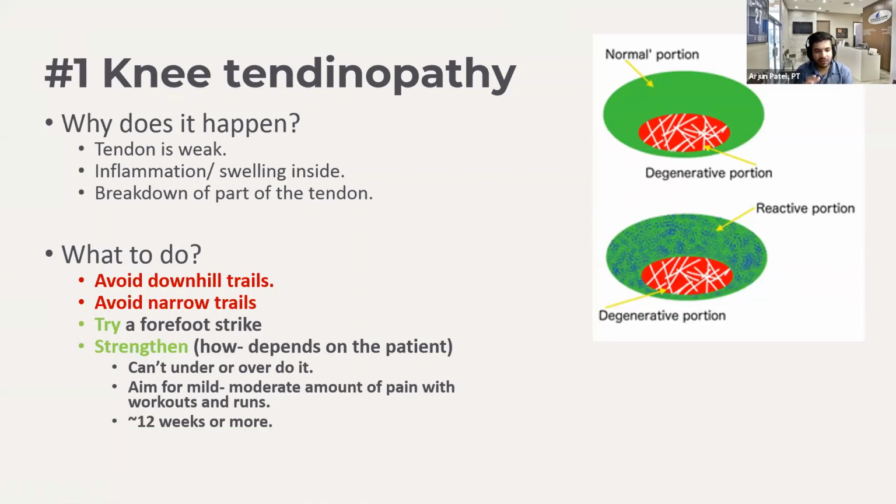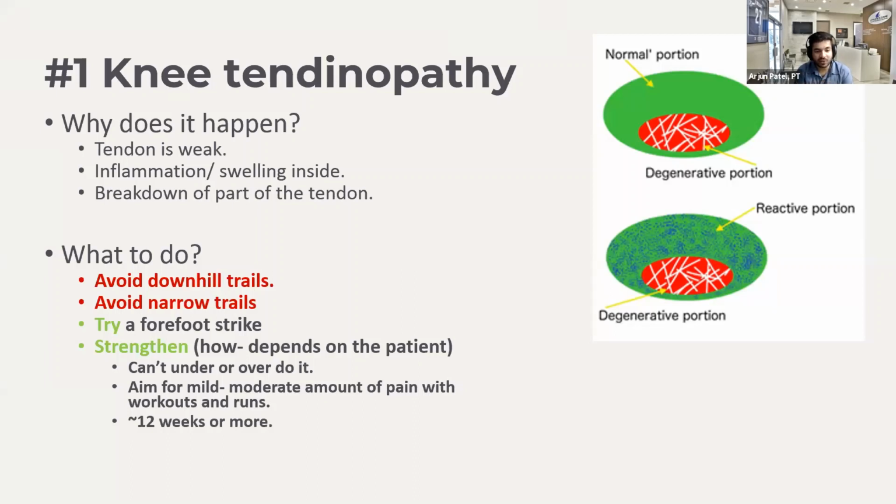Now I'm going to give you some general guidelines around how to manage this, and then we'll talk about some specifics after. Things to do: you're going to avoid downhill running, and you're going to avoid narrow trails. You can also try more of a forefoot strike, which is to say land on the mid to front part of your foot, rather than landing on your heel or directly in the middle.